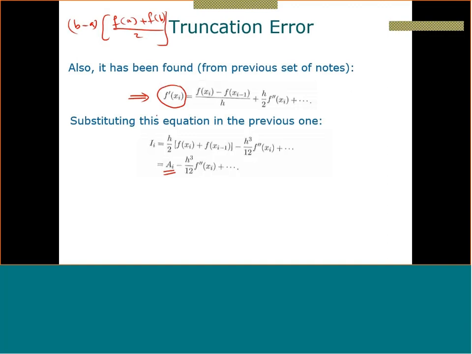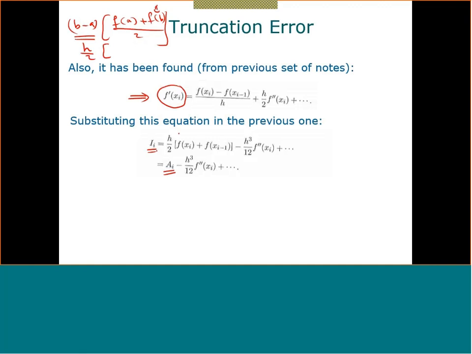Now, for only one segment, b minus a will be your h. We will have h over 2 times f of x of i, where f of b is f of x of i, and f of a is f of x of i minus 1. So this is the numerical integration, and this is the actual integration.